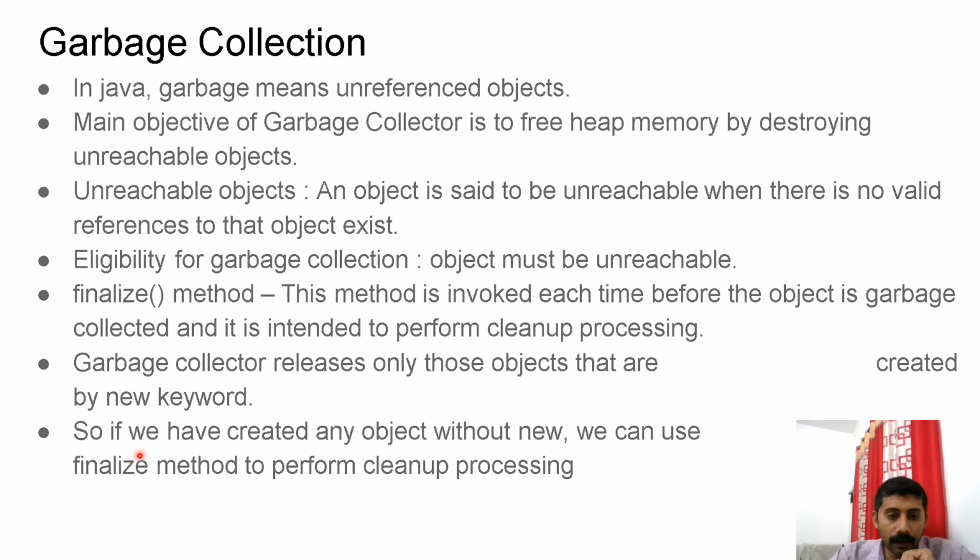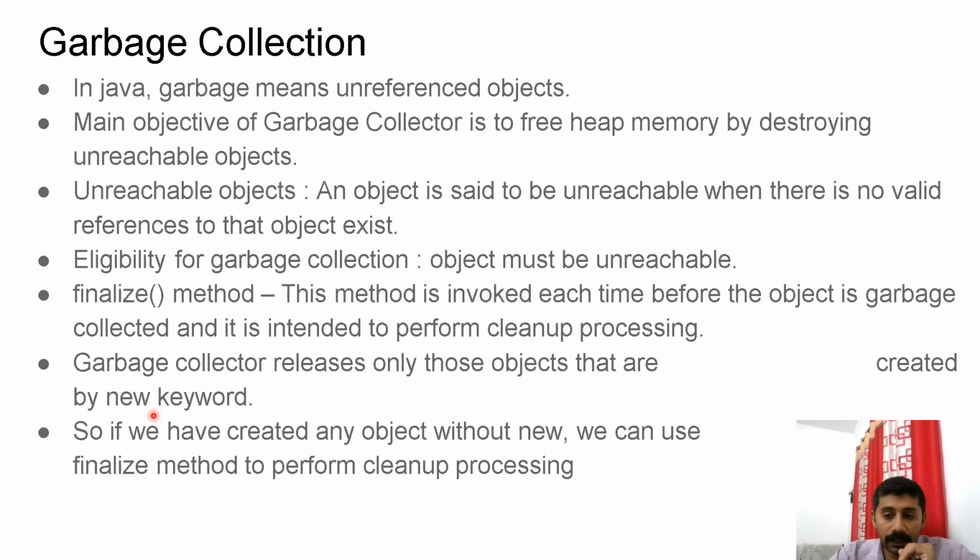If you have created any object without using the new operator, for such things you have to give explicit cleanup instructions in your finalize method. Otherwise, you don't need to specify anything in the finalize method. For example, you may have created some file handle or some operating system resources in your program.